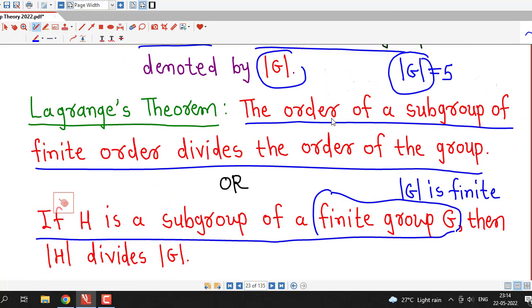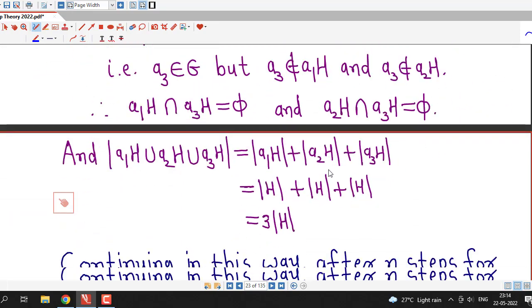Lagrange theorem says that the order of subgroup always divides the order of the group.